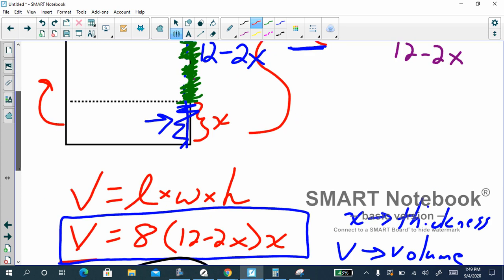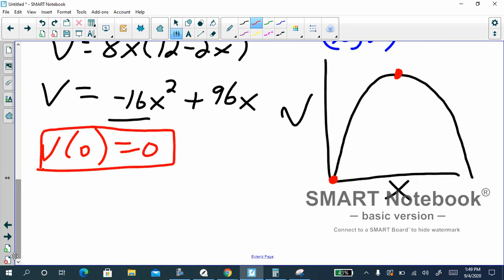We would just have a flat surface. But then as we work our way to larger and larger x values, then our volume is getting bigger and bigger and bigger. But there's going to reach a point where if we let our x value get larger, our volume starts coming back down.